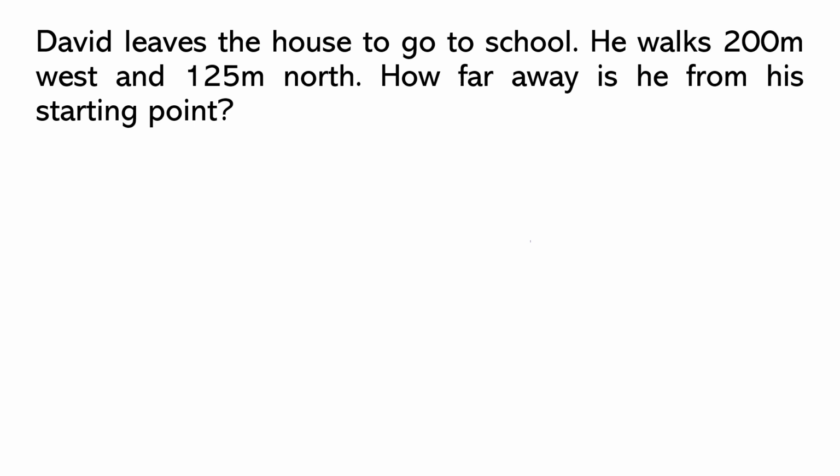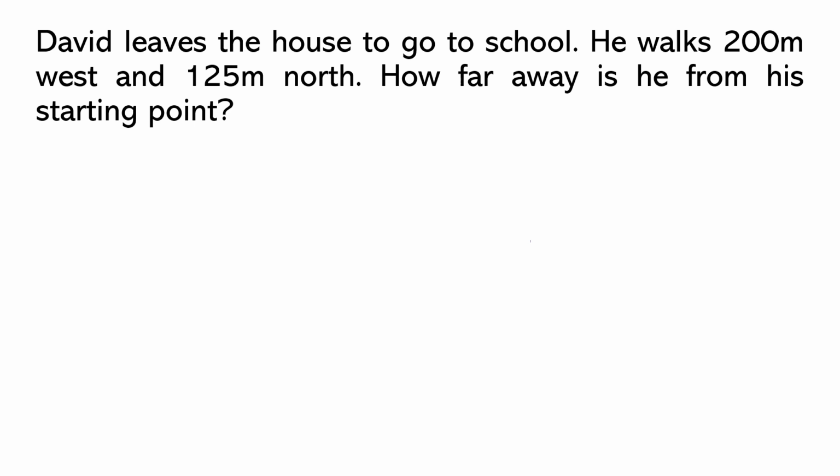Now we still have one more example. David leaves the house to go to school. He walks 200 meters west and 125 meters north. How far away is he from his starting point? So again, to solve this, we are going to illustrate it first and understand it sentence by sentence.